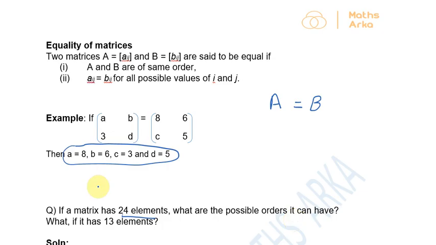Now there's another question. What if it has 13 elements? If the matrix has 13 elements, then what are the possible orders? As we know, 13 is a prime number, so it is divisible only by 13 and 1. So only two orders are possible: one is of the order 1 by 13 and the second is 13 by 1.